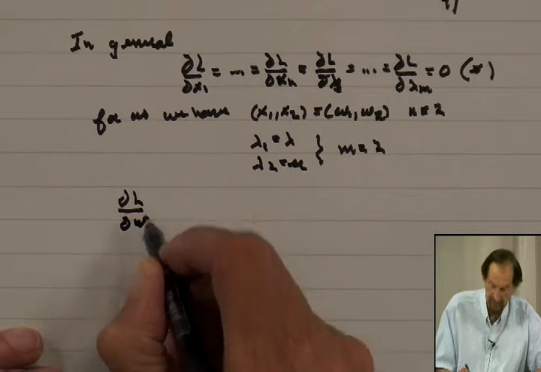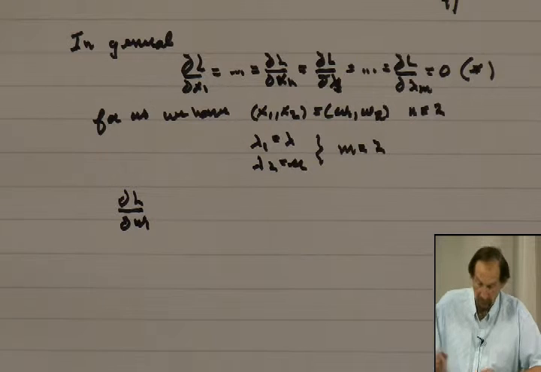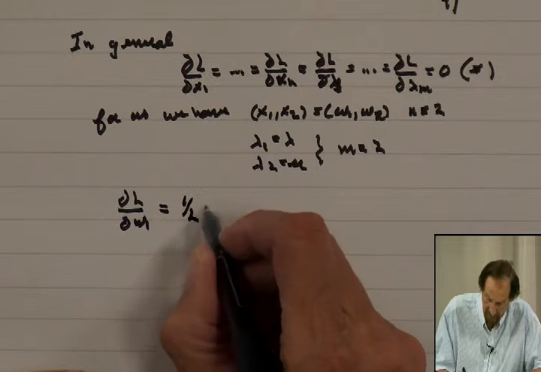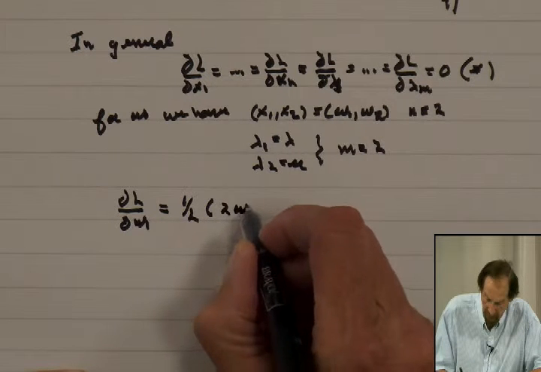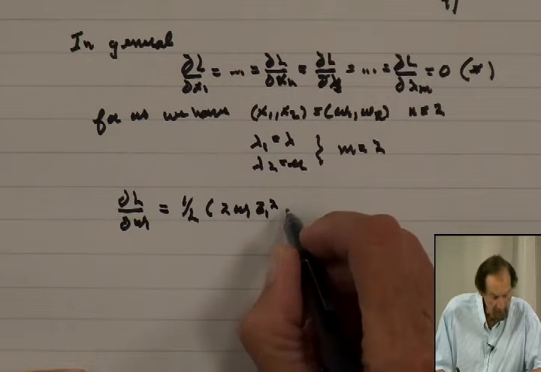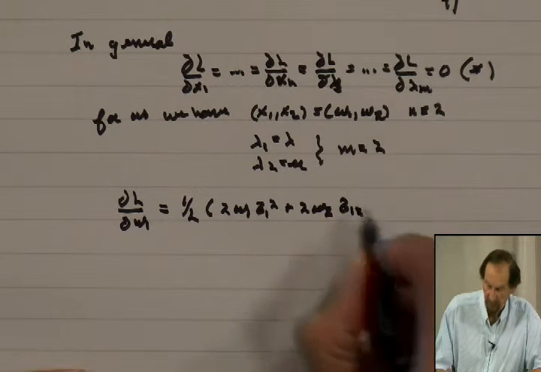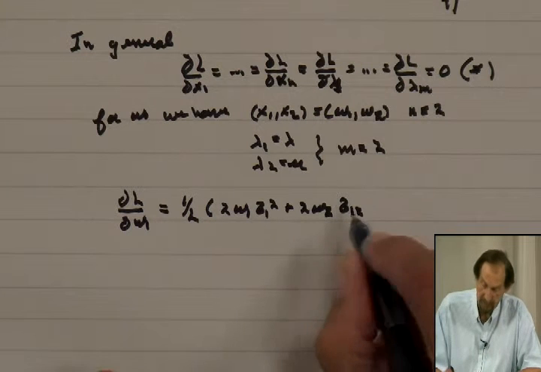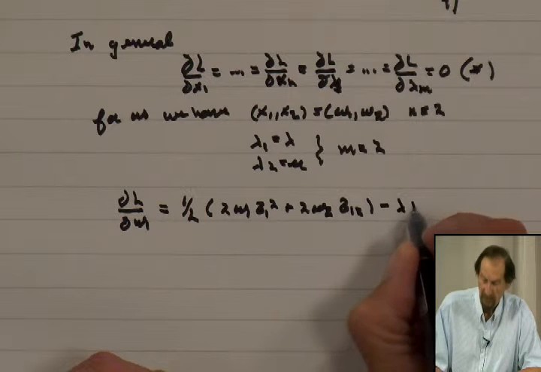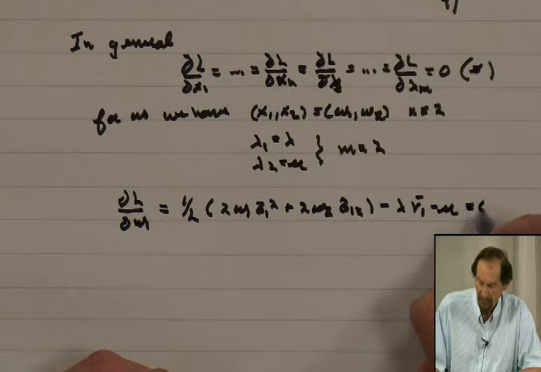So first, let's take the partial derivative of the Lagrangian with respect to W1. Okay, and here we're going to get the following: 1/2 times 2 W1 sigma 1 squared, plus 2 W2 sigma 1 2. The second term has no W1 in it, so that doesn't matter. Minus lambda r bar 1 minus mu equals 0.